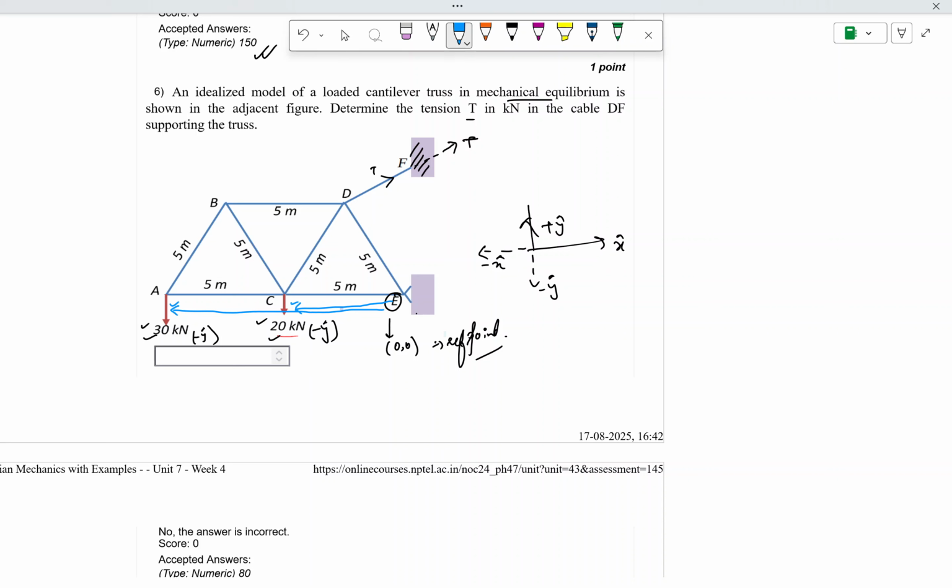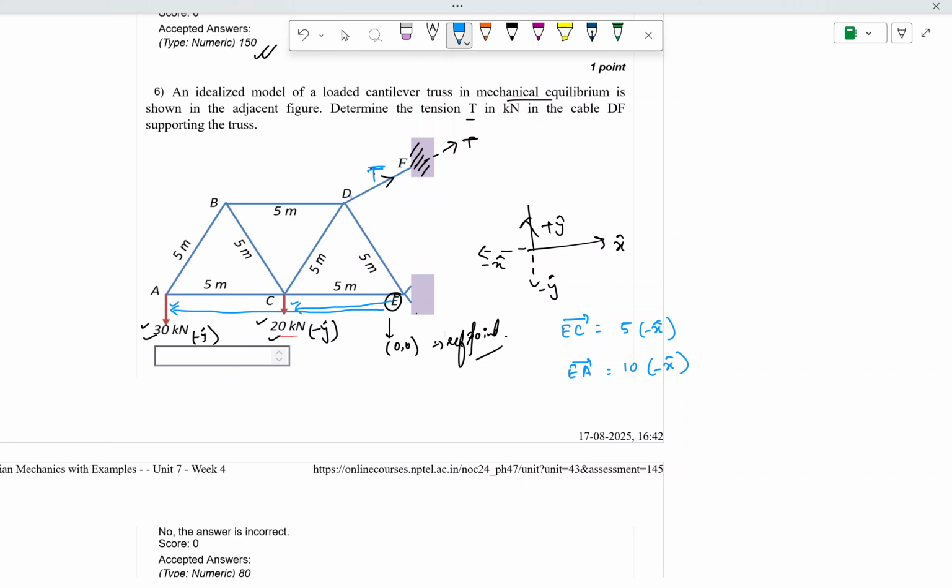So this distance is, say, for the EC vector. The EC vector is basically for the force 20 kilonewton. The EC vector is 5 meter times minus x cap as the direction. And for the EA vector, 5 plus 5 is 10 meter is the magnitude and minus x cap is the direction. Right? And for torque balance, there is another force, that is the tension T here.